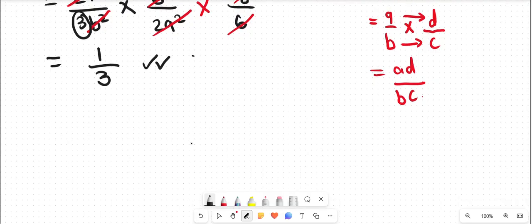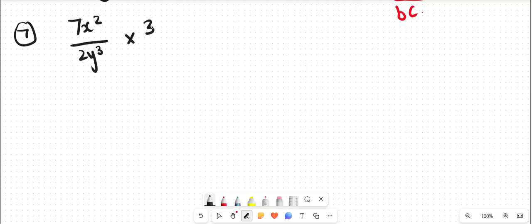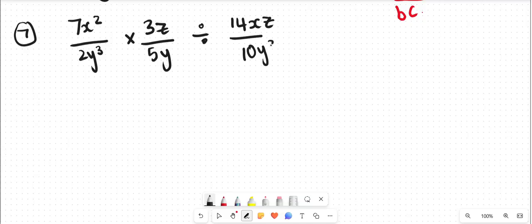Let's do another one that looks like this. Question 7. What if we have 7x squared over 2y to the 3, times 3z over 5y, divided by 14xz over 10y squared?